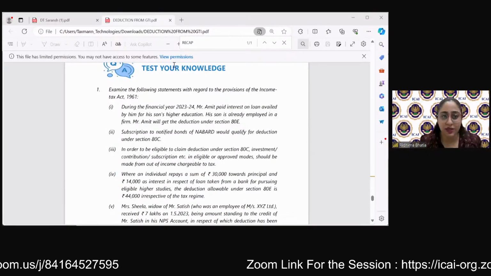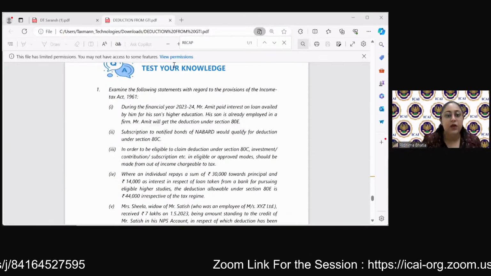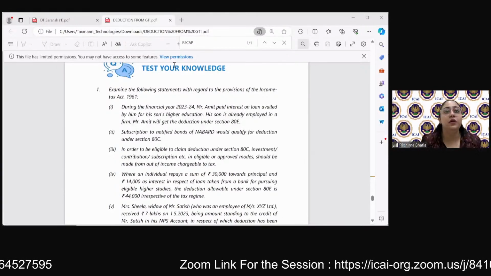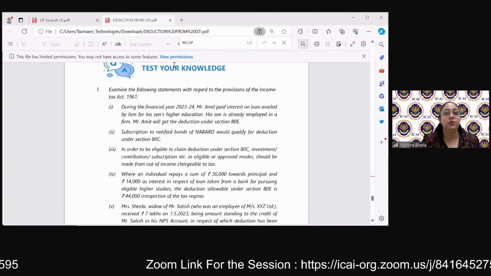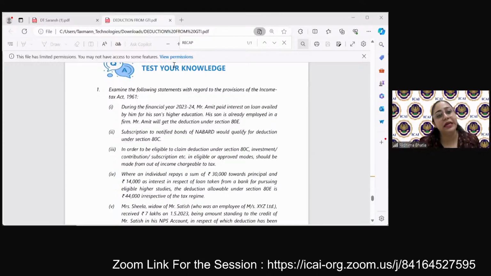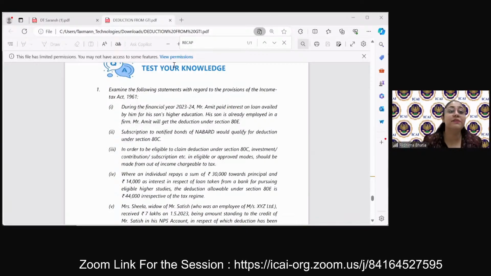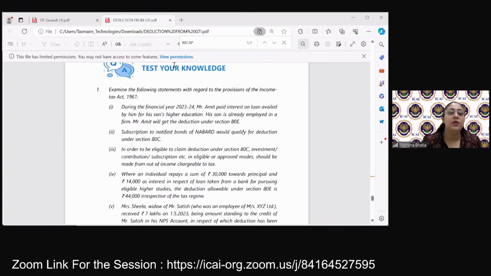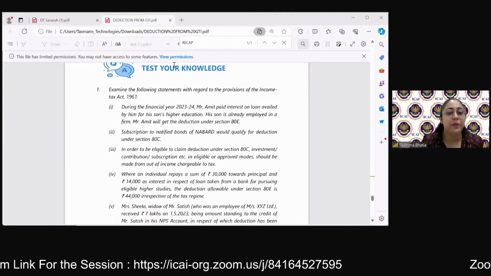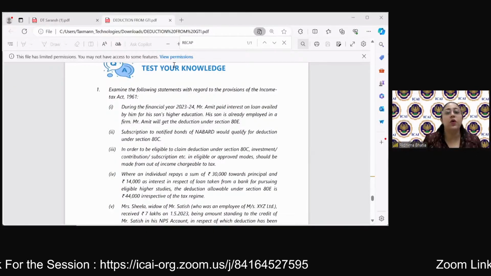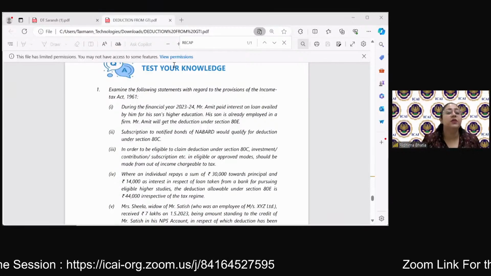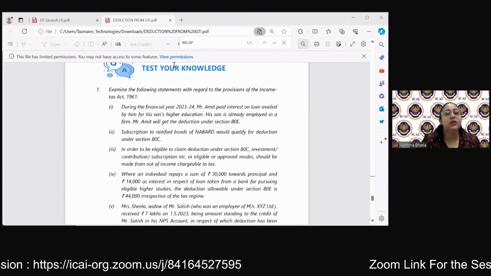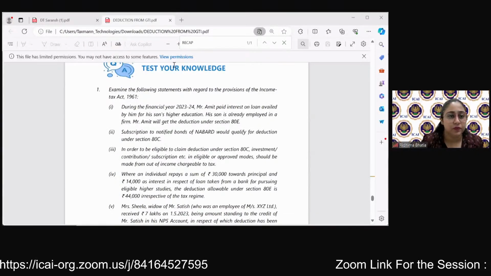Now, the medical insurance deduction he will claim under 80D. The amount of the expenditure over and above the insurance claim, he can claim under 80DDB because it is a specified disease, and medical treatment of a specified disease is covered under 80DDB to the extent of 40,000 or 1 lakh, whichever is less. 40,000 for the normal person, 1 lakh for senior citizen.